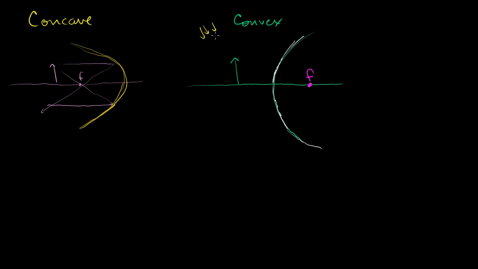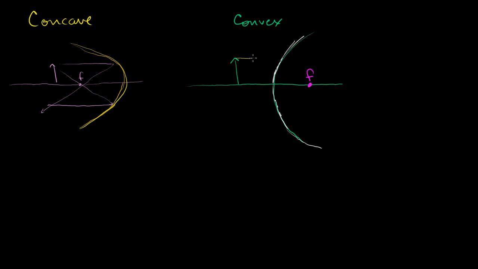They never draw the light source, but it reflects diffusely off of this object. So this object is emitting light rays in every direction. But the useful ones are the ones that are parallel to the principal axis and the ones that would go through the focus. So let's do one that's parallel.